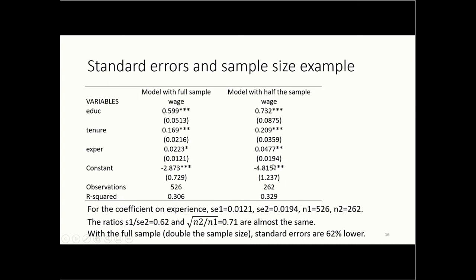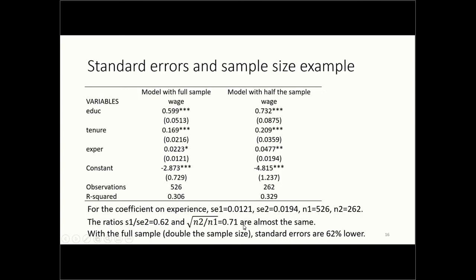The sample sizes are 526, and we picked half the sample, which is 262. Let's calculate the ratio of the standard errors for the first and the second model, which is 0.62. Then we calculate the square root of n2 divided by n1, and that's 0.71.